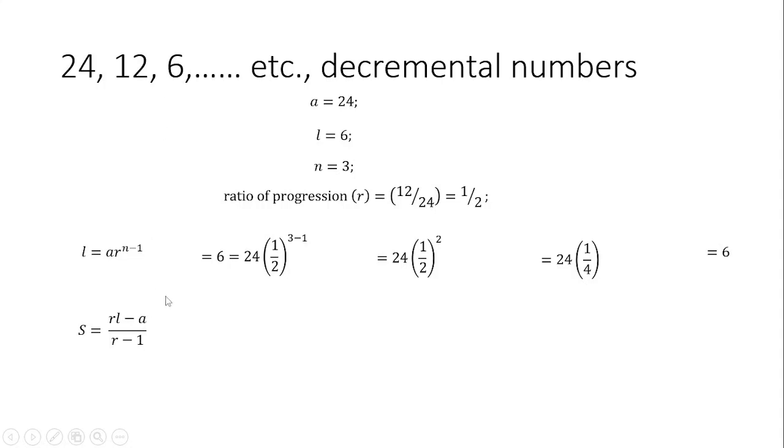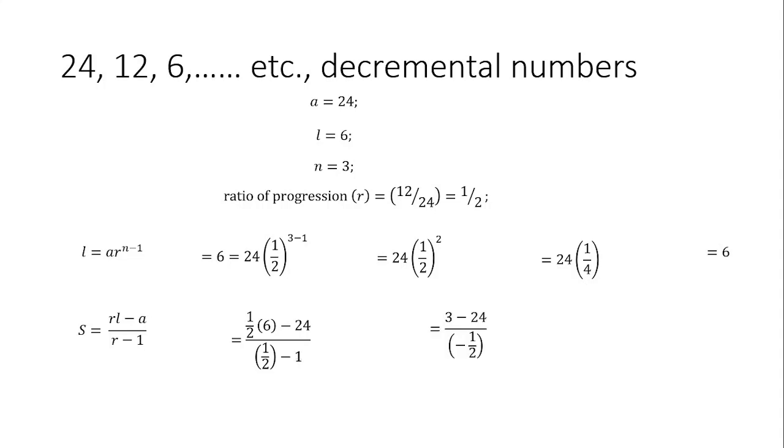Then the formula S is equal to (RL minus A) divided by (R minus 1). You may be aware that with this formula we can identify the sum of the available progression. Here the ratio R is 1 by 2 from the previous step, L is 6, the last term, minus A, the first term, 24. I substitute all the corresponding values into the equation.